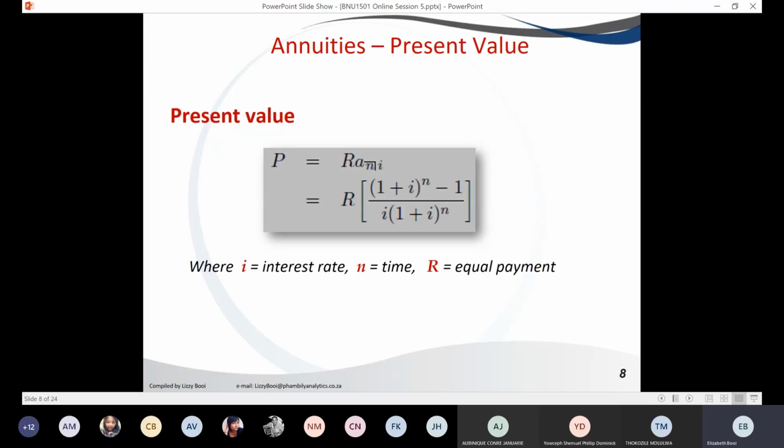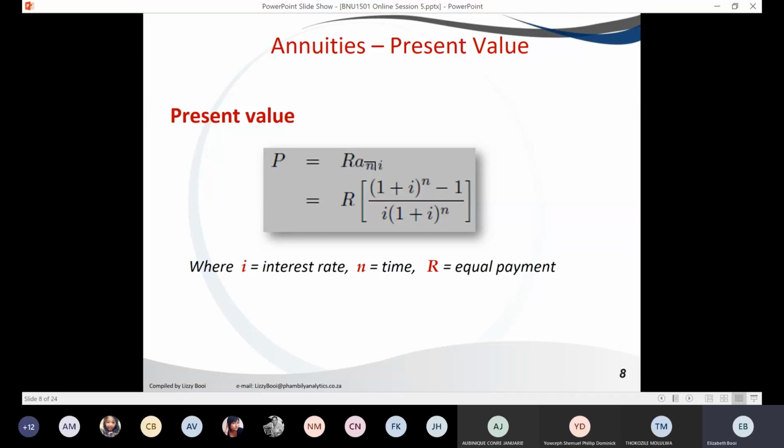So let's say they ask you how long you will have to pay back if you took a loan of 6,000 and your payment is 1,500, compounded quarterly at the rate of 8%. How long? Which means they're asking you to calculate n, so make n the subject of the formula.